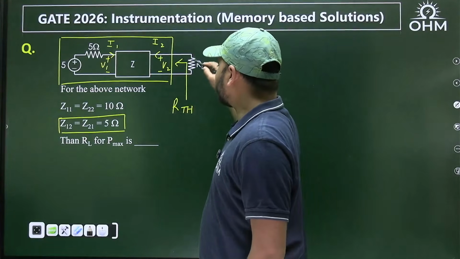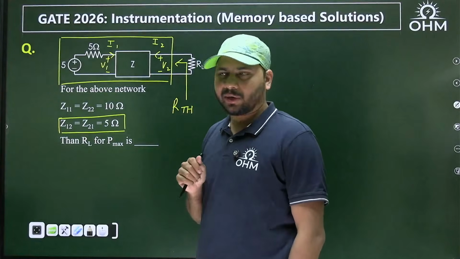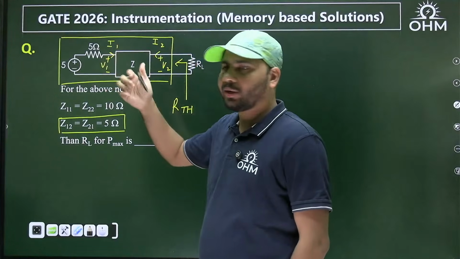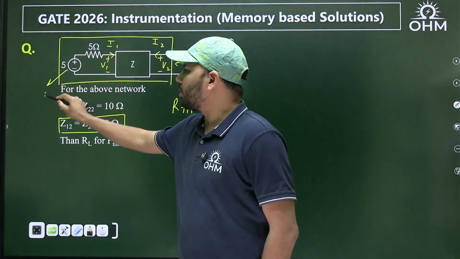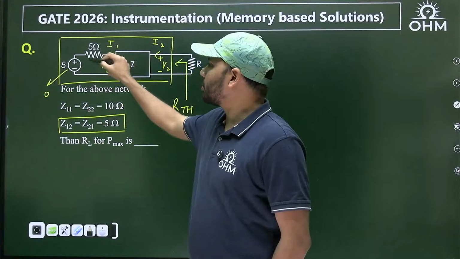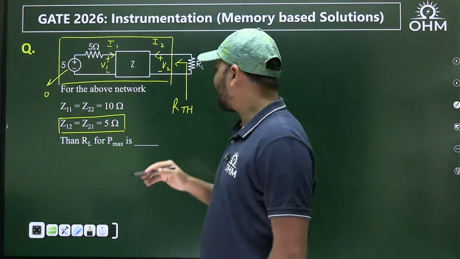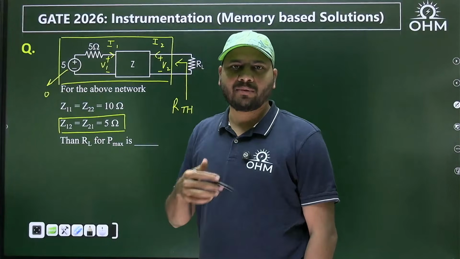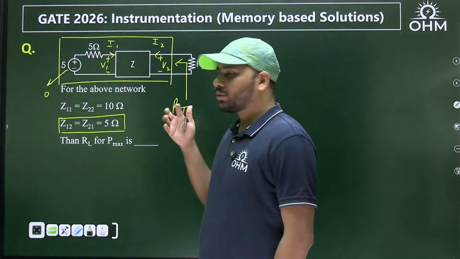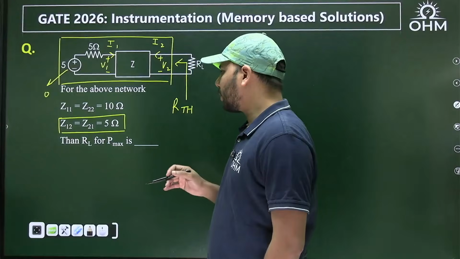Then you can replace RL with a test voltage source VT, and try to find VT by IT. Of course, this 5 volt source, you have to make 0. This 5 ohm internal resistance will remain. And then VT divided by IT will be nothing but the Thevenin resistance. That is one thing you can do.